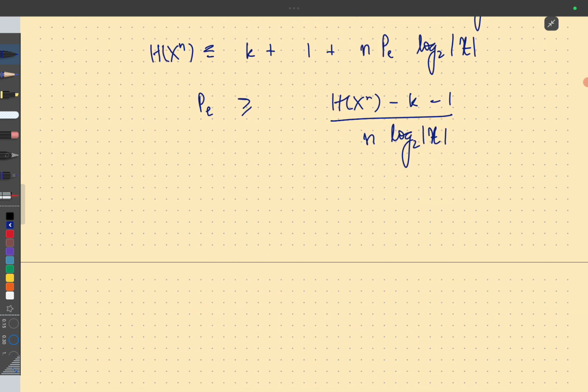Or, 1 over log cardinality of x times h of xn by n minus k by n minus 1 over n.